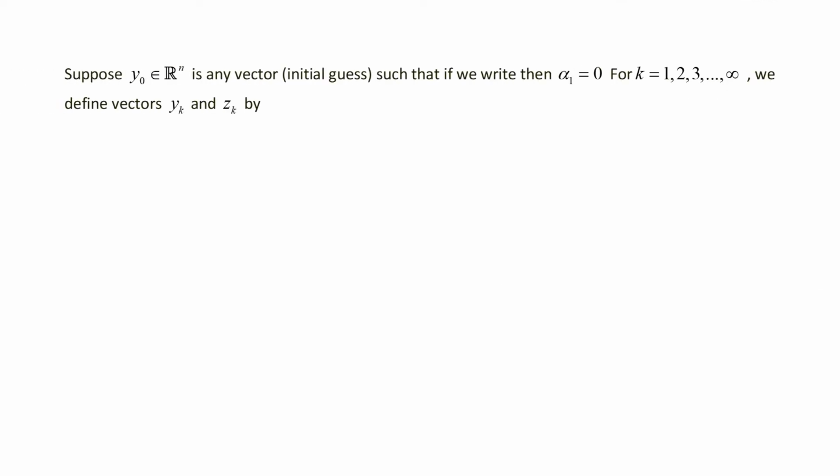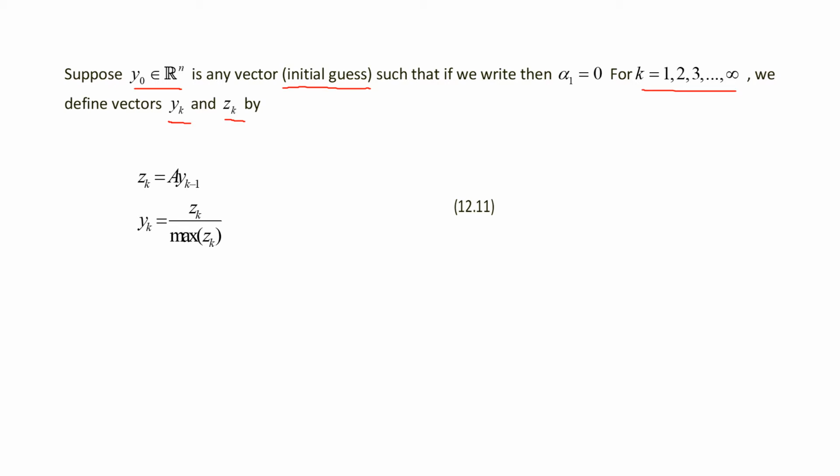Suppose y naught belongs to R^n is an initial guess, and k will vary from 1, 2 and so on. We define yk and zk to find the dominant eigenvalue. zk will be calculated as A times y(k minus 1).